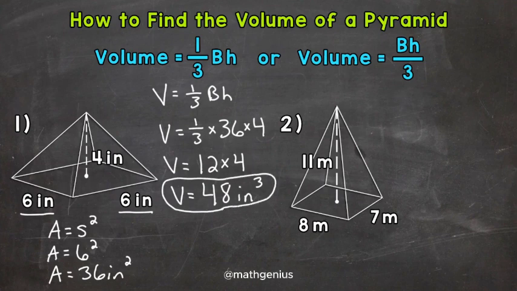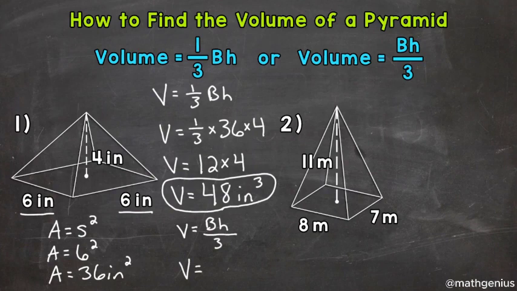Now, I do want to show you what the other formula looks like as well for number 1. So the area of the base times the height, and then divide by 3. So we have volume equals the area of the base times the height, and divide by 3. So let's plug in. Volume equals the area of the base was 36 times the height of 4, and divide by 3. So I'm running out of room there.